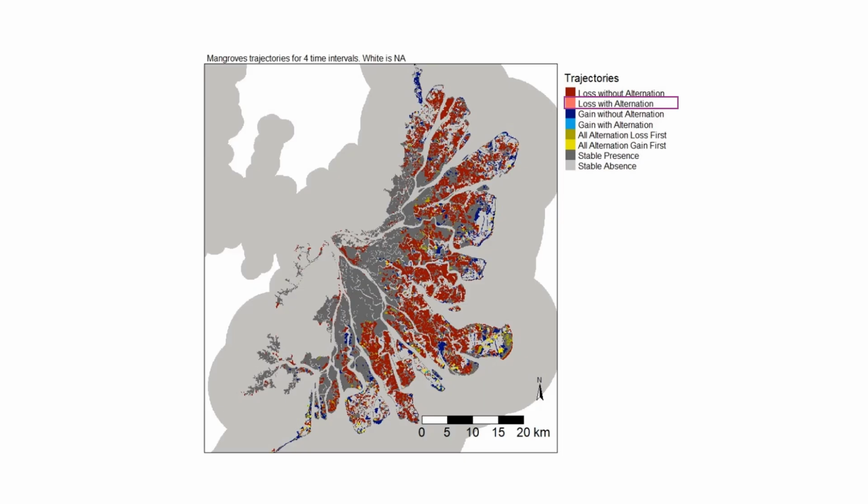Trajectory denoted in pink on the map shows the pixels that have loss with alternation. What this trajectory means is that the pixels at the first time point have mangroves, or the variable being studied, and at the last time point do not have the variable being studied.